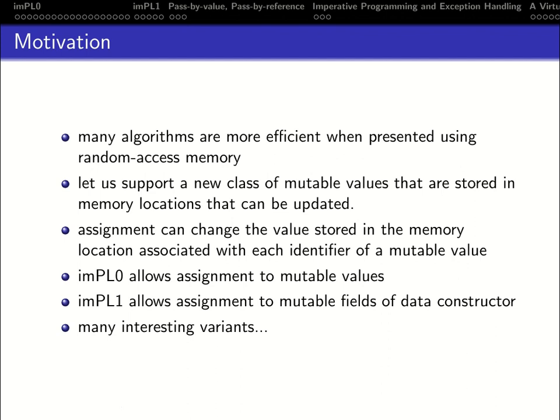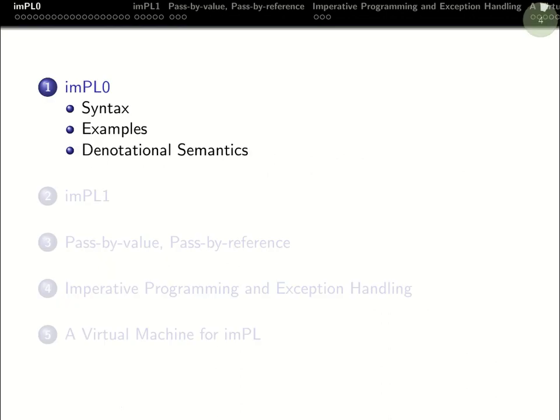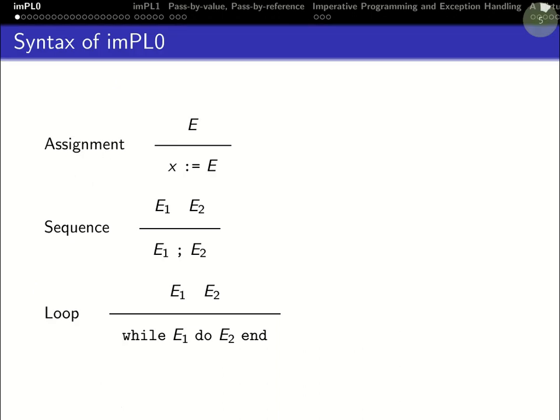One that can only mutate a value, another one that can mutate a construction. All right, and we're going to keep going, right? Then we can define while loops and so on, and it's going to go through the regular workflow, syntax, examples, denotational semantics, and further down to compilation, virtual machine, and so on.